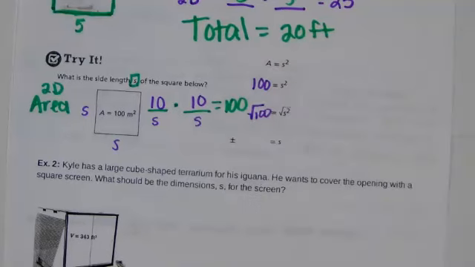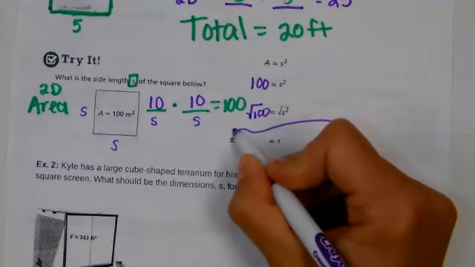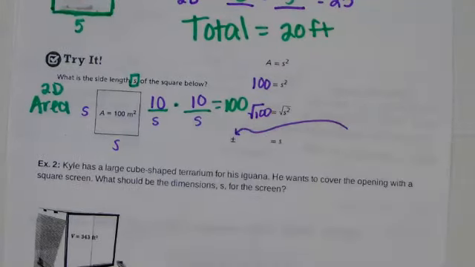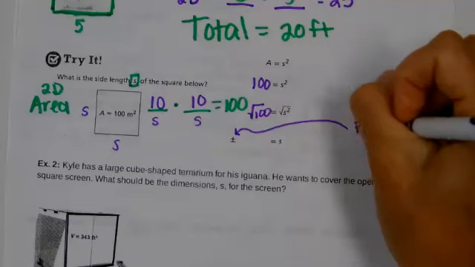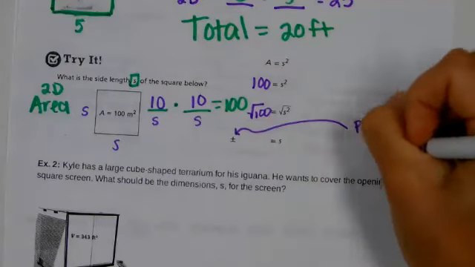Now, the last part here, there's this little sign right here. See it? Does anyone know what that little sign means? Have you seen it before in math? What do you think it means? Plus, divide. No, not plus or divide, but you're close. That little sign means positive or negative.